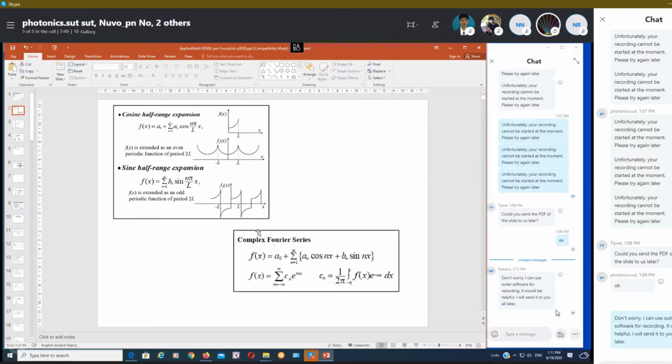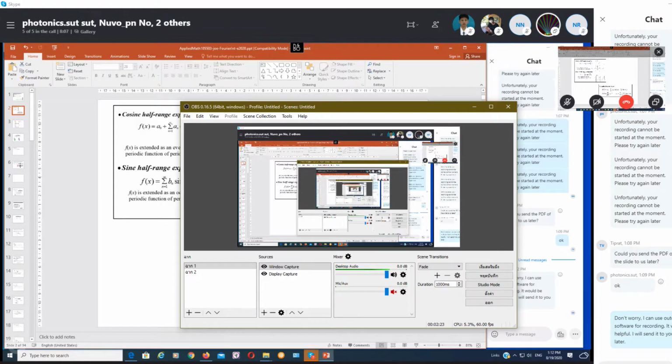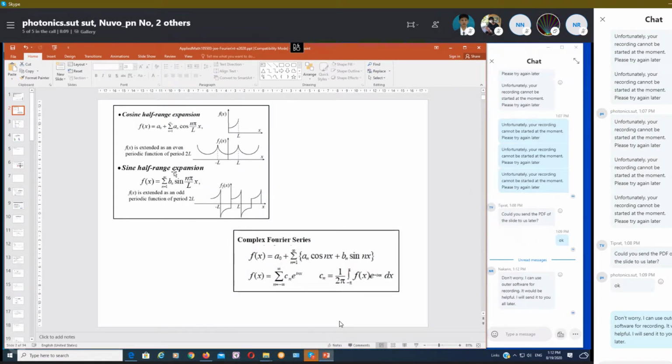This one you expand as the odd periodic function with a period of 2L. So this is the original input. You expand as an odd periodic function, and you will get like this. Comparing cosine half-range expansion and sine half-range expansion, you see that here you just calculate one coefficient of the Fourier series, that is Bn.